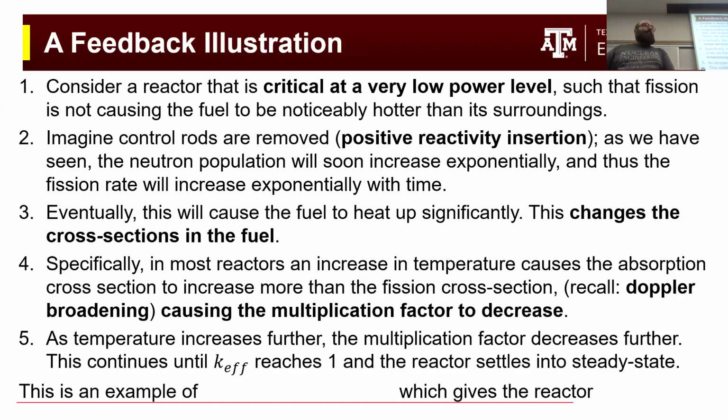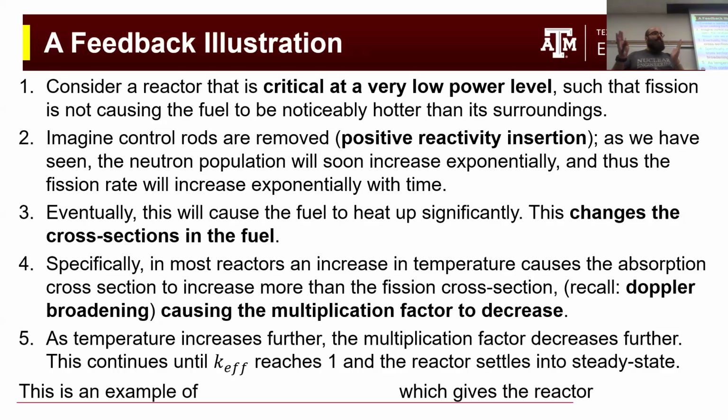If my fission rate and my power are increasing exponentially with time, my fuel is going to start to heat up. Heating up my system changes the temperature, and that changes my cross sections. The way the cross sections are affected by temperature is that as temperature goes up, resonance absorption increases.